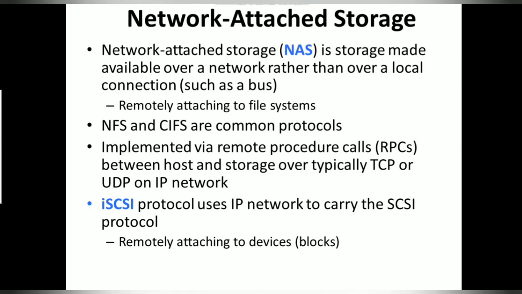Now that can be done remotely by this special purpose storage system, that is your NAS. The NAS again comes with a small box that is a NAS head, which is going to work via remote procedure calls, and it can be using NFS and CIFS protocols. To put it in a nutshell, NAS is basically used to handle files remotely.